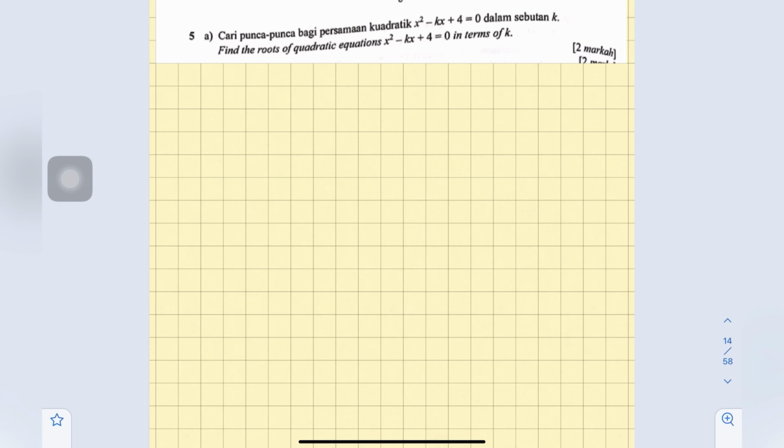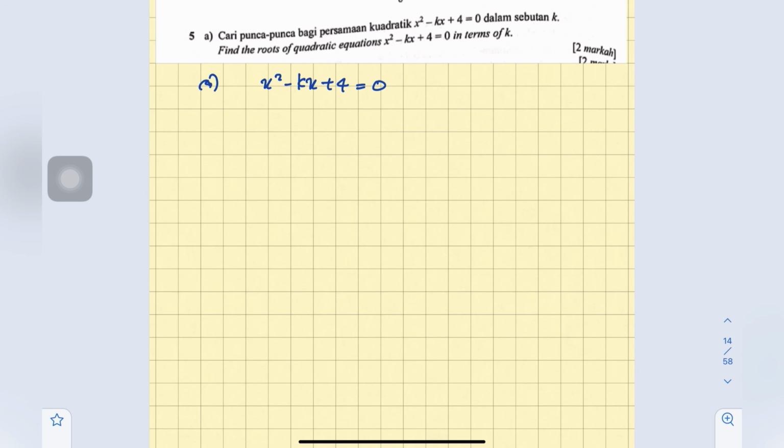Number 5a, find the roots of the quadratic equation x squared minus kx plus 4 equals 0 in terms of k. Here we got the quadratic equation x squared minus kx plus 4 equals 0. To find roots, there are three methods: factorization, formula, or completing the square.